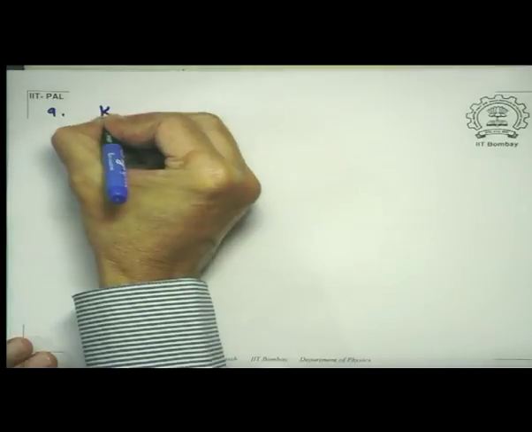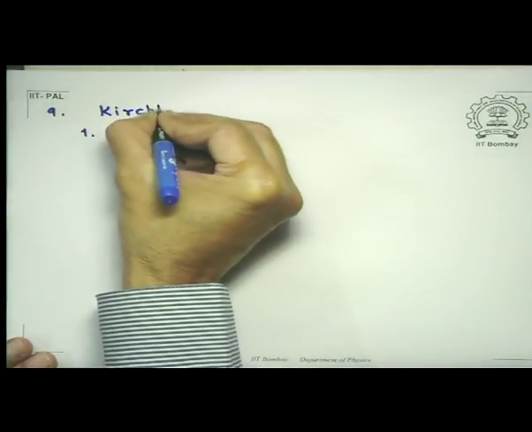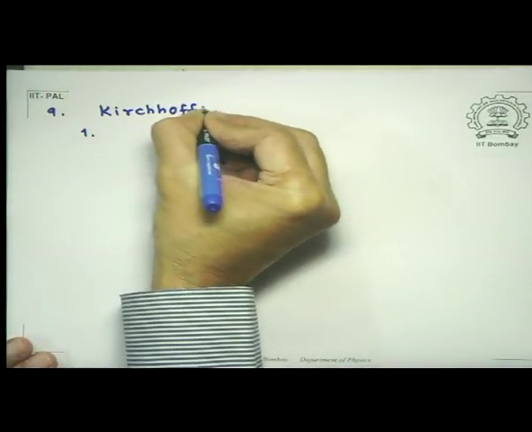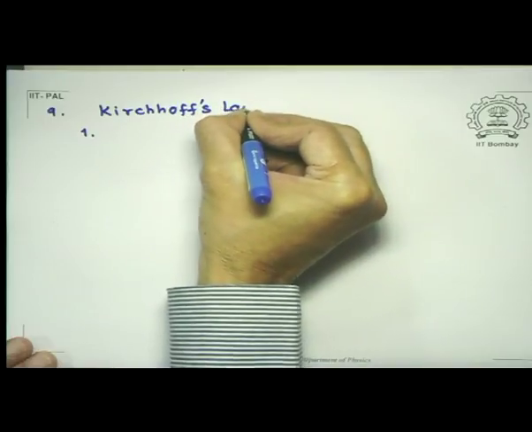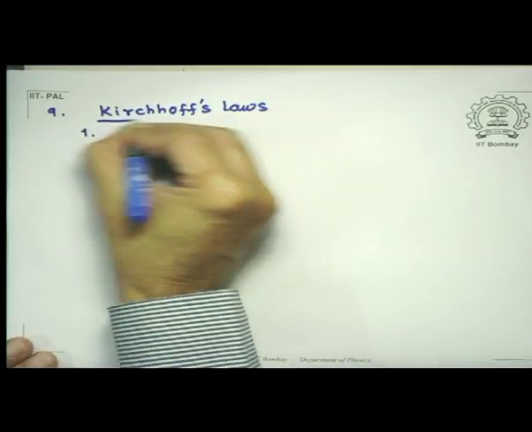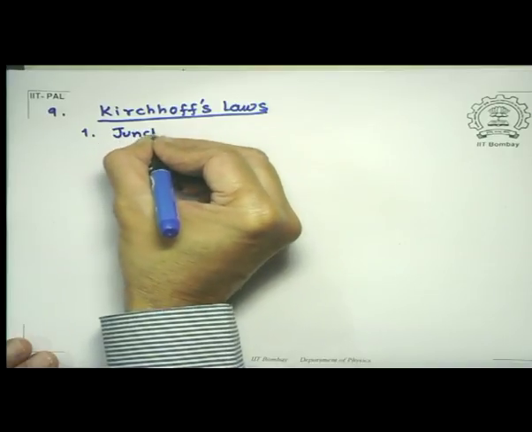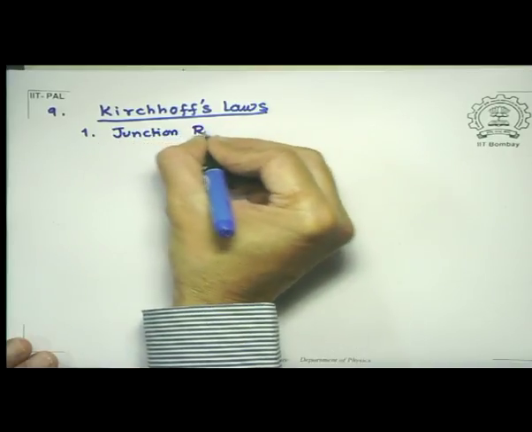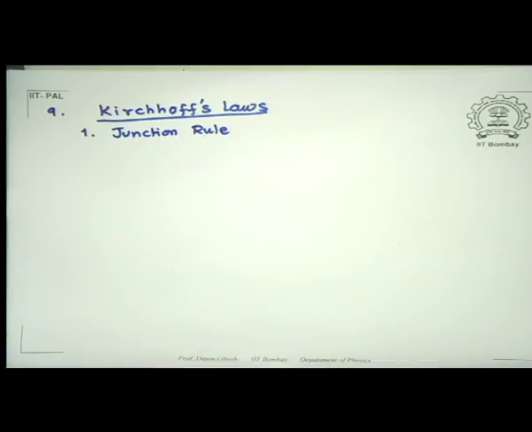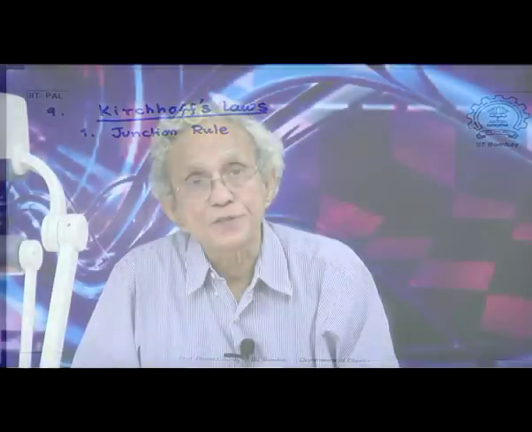There are two laws. First law is called the junction rule. So this is Kirchhoff's law. The junction rule says that the algebraic sum of currents flowing towards a junction is 0.